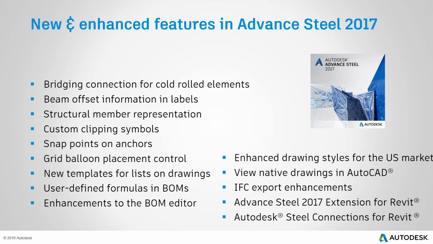There's a couple of enhanced drawing styles for the US market, which we're not really going to look at because we aren't in the US market. Viewing the native drawings, and even something new that came out with the steel connections inside Revit. That's one of the last things we'll go over today.